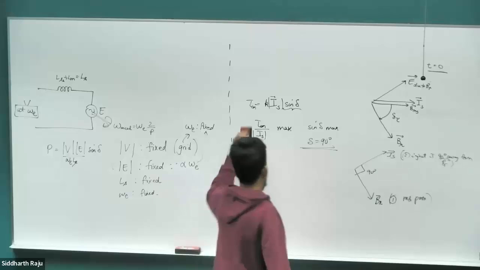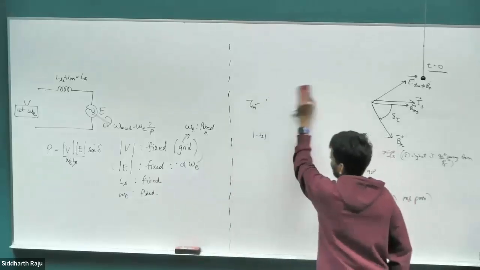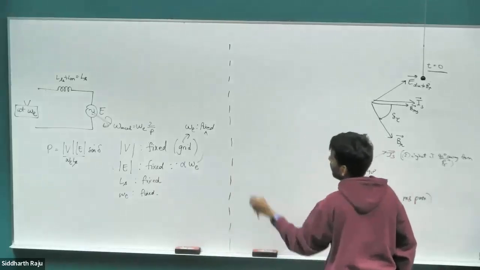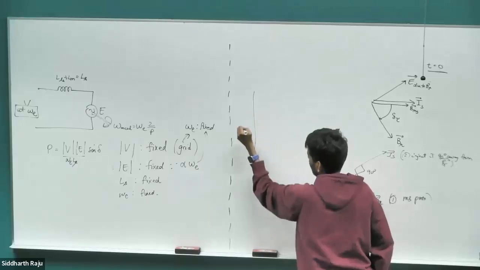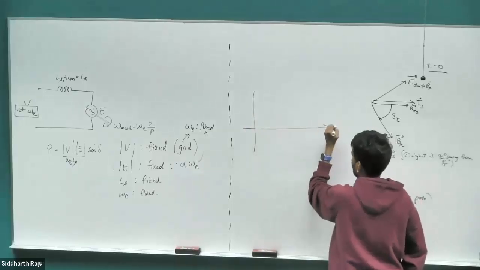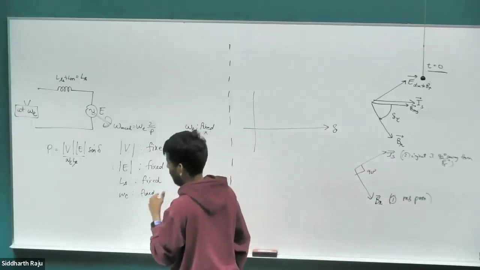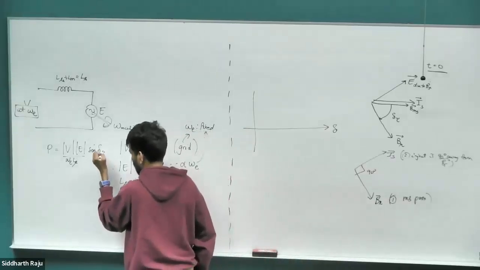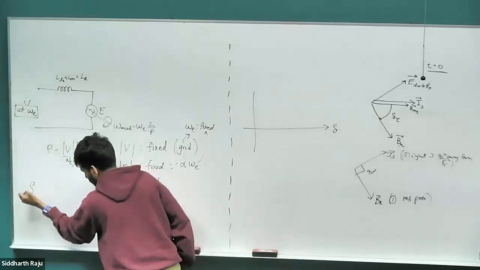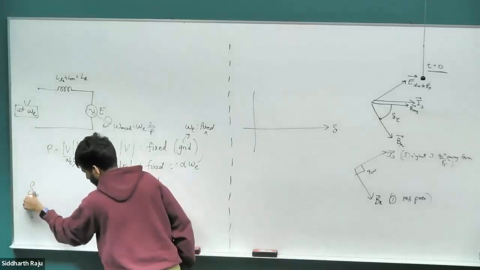So we can do the same thing here that we did for the torque curve. If you look at the power curve as a function of delta, let me now put a subscript for this delta because there is another delta now. We are going to call this delta P, where delta P is the power angle.